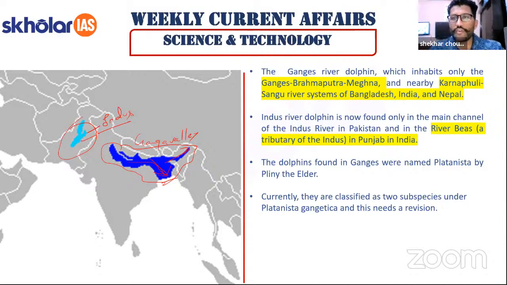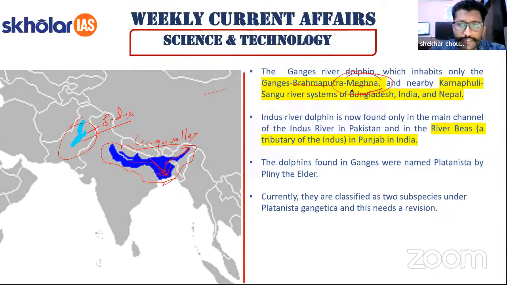The Ganga river dolphin inhabits only Ganga, Brahmaputra, Meghna. This is the name of a distributary in Bangladesh.